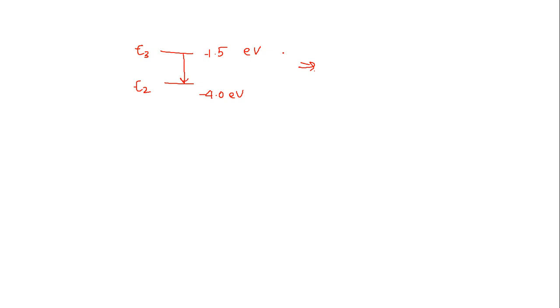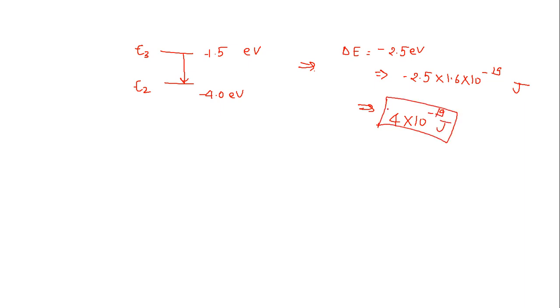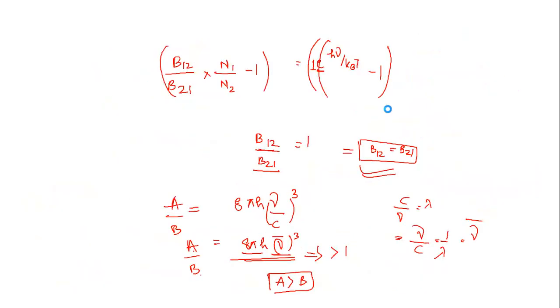So for this transition, delta E is equal to 2.5 electron volt, so it will be 2.5 into 1.6 into 10 to the power minus 19, and the answer will come out in joule. So the answer is 4 into 10 to the power minus 19 joule. So this is the right answer we were searching for.